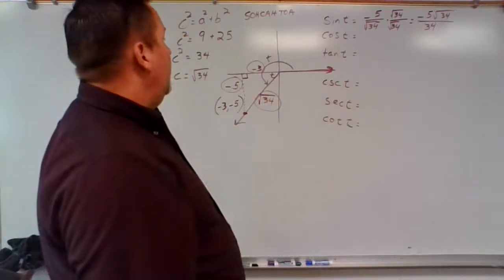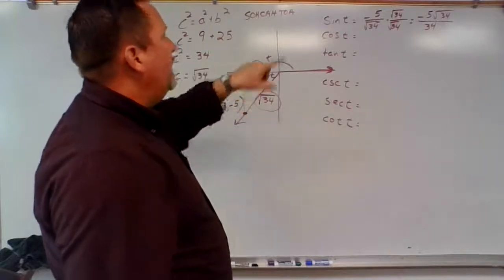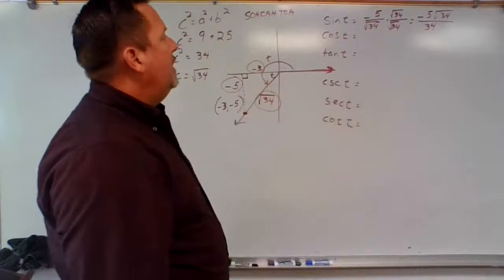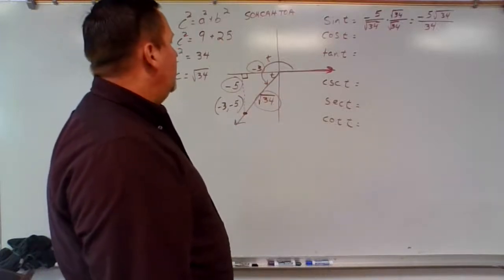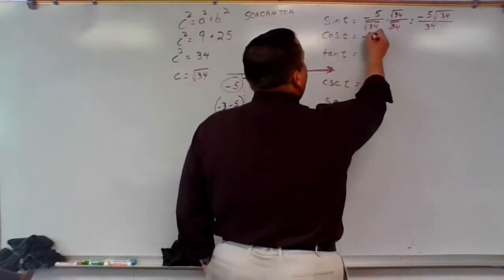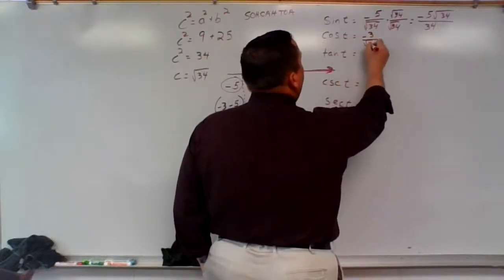I should have anticipated, even if I didn't write in these negatives, I should have known to stick a negative there because it terminates in the third quadrant, right? Cosine, adjacent over hypotenuse, negative 3 over root 34.